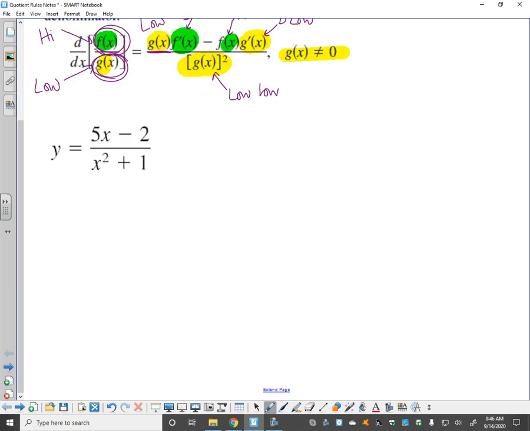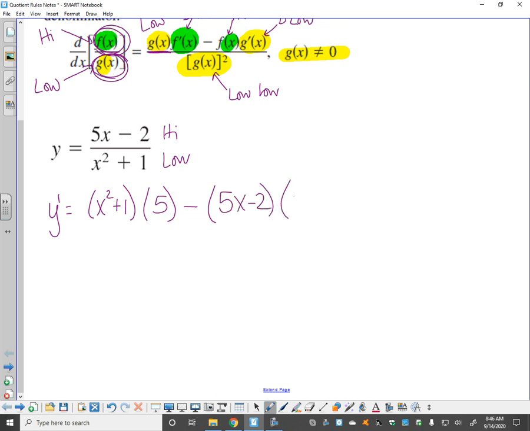Okay. So y prime equals, this is high, this is low. So here we go. Low, d high, so derivative of the high. That's just power rule. Minus high, d low, over low, low.